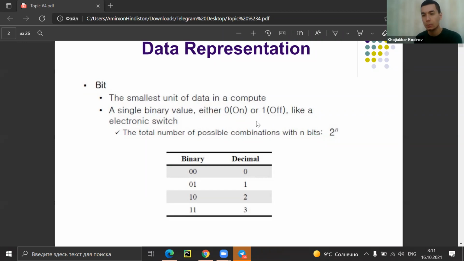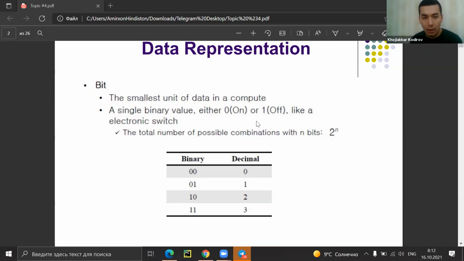So we have a compiler, interpreter, or assembler that translates our human-understandable code into machine code. In this representation, a bit is the smallest unit of data in a computer.